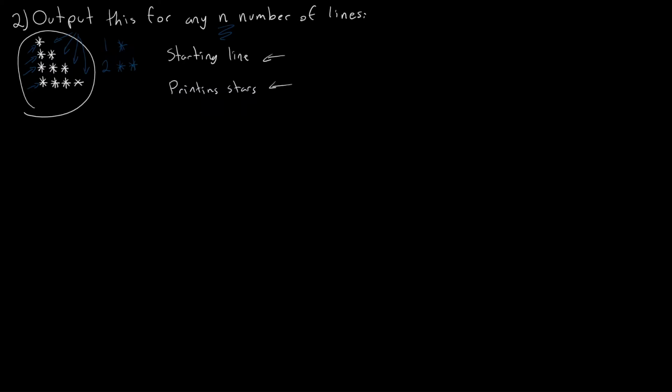And obviously, the starting line for loop would be the outer for loop. And we'd have the one that prints the stars inside of that for loop. And then we'd have each one's respective code inside of it.